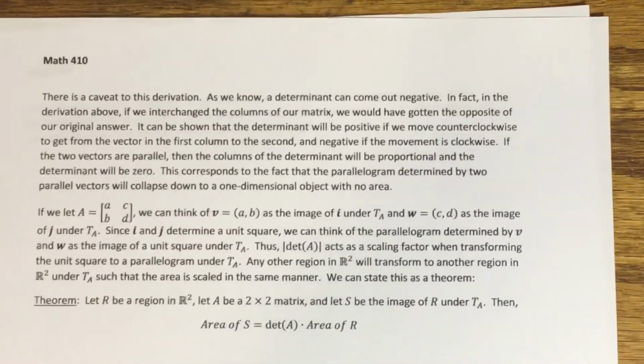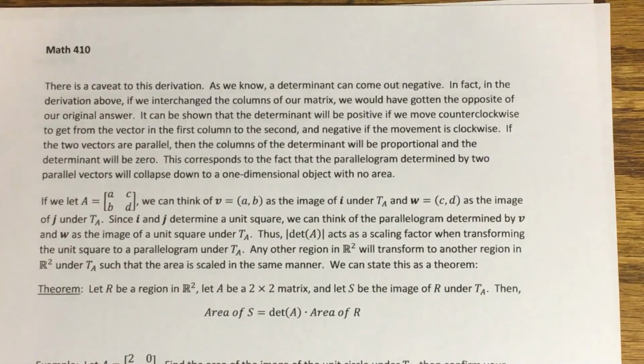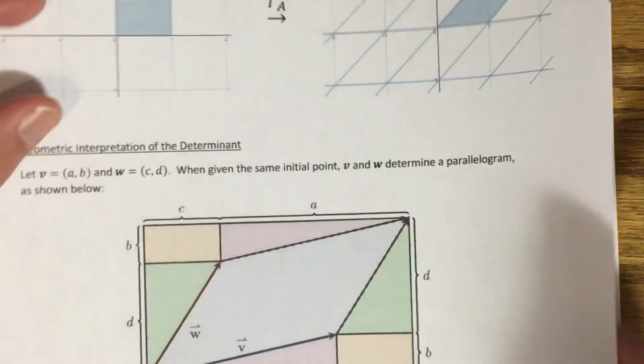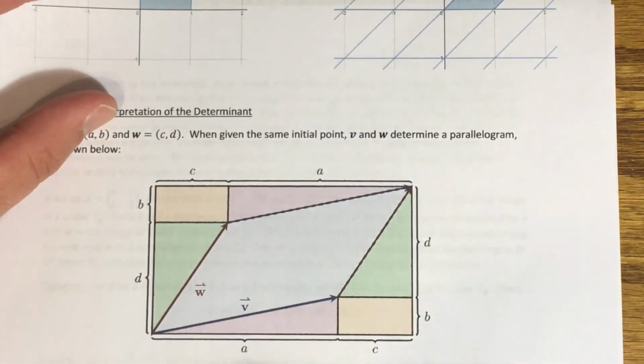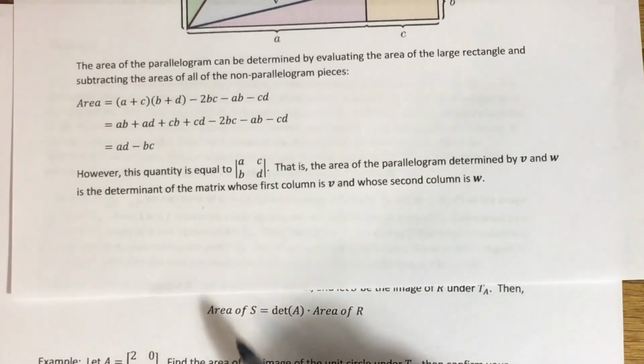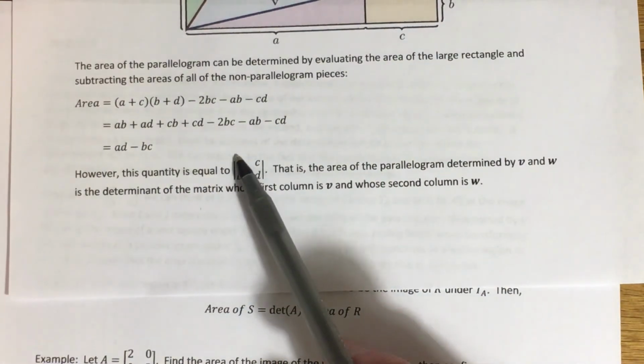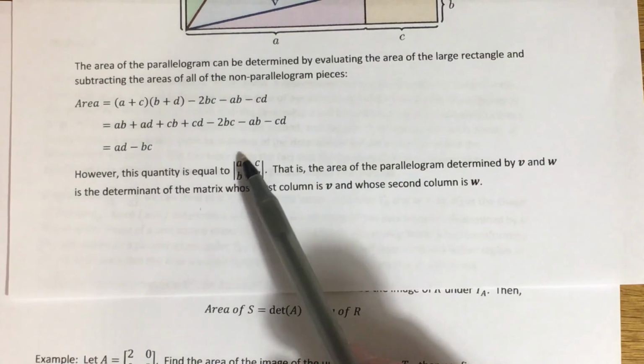However, we need to be careful with that, because we have seen already that a determinant does not necessarily come out positive. A determinant can come out to a negative number. It can also come out to 0. How do we interpret that in this area interpretation? Well, first of all, we're not going to show this here, but you can show that the only reason this determinant comes out positive is because of the order that I put these columns in.